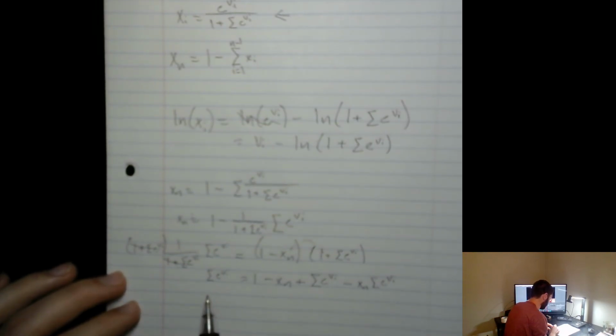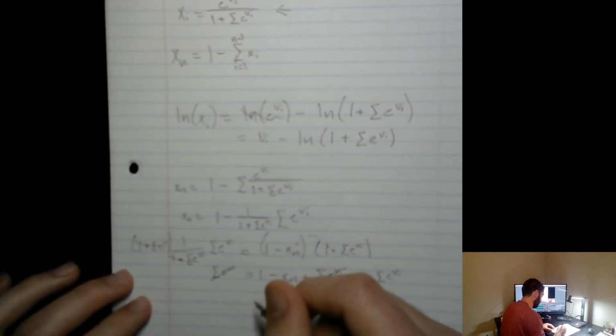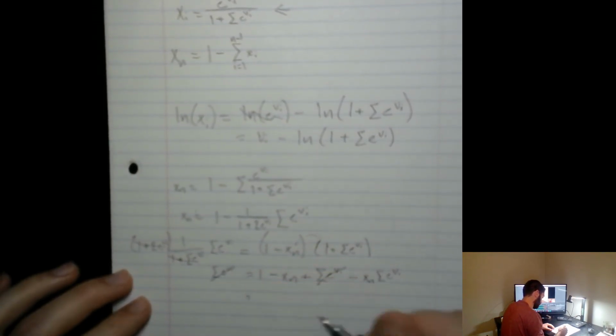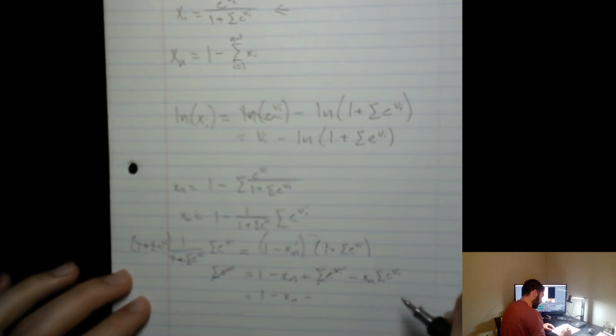We can see that we have this term on both sides of our equation, so we can cancel that. We're left with 1 minus xn minus xn times the summation e to the vi.